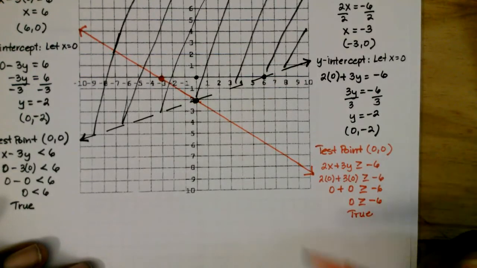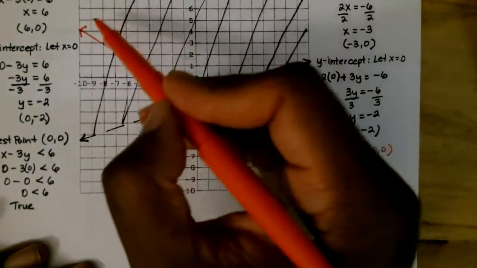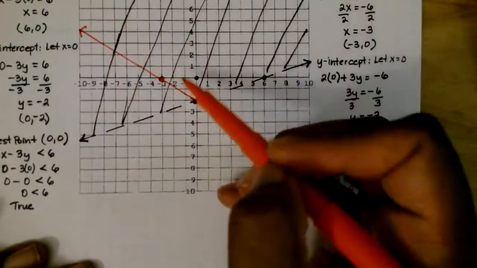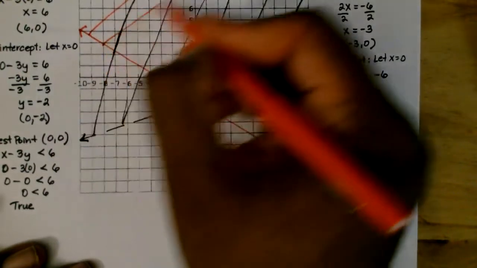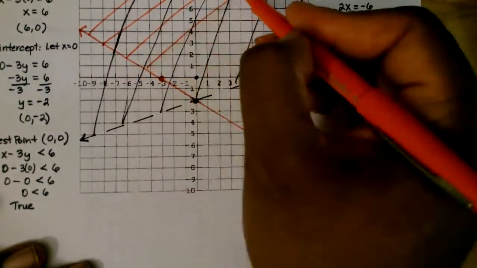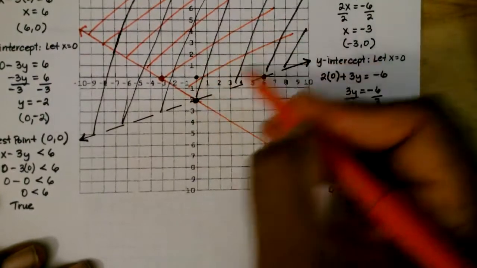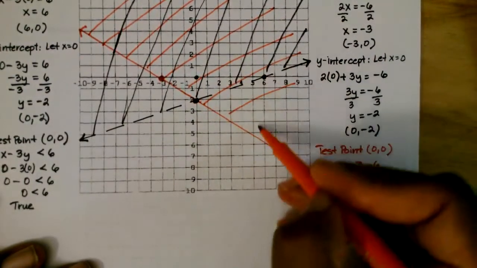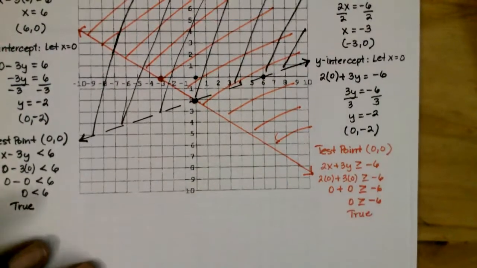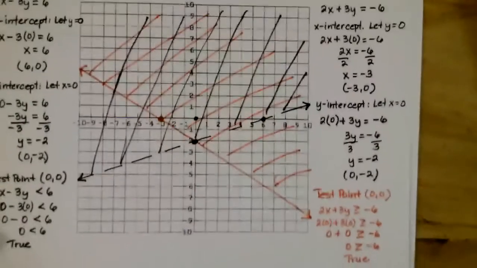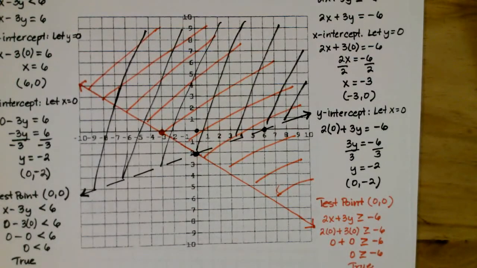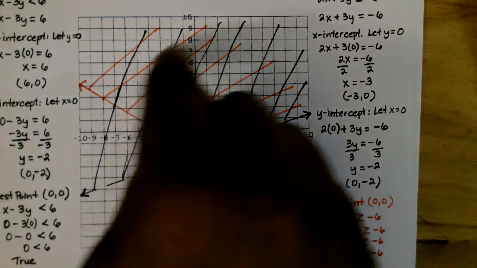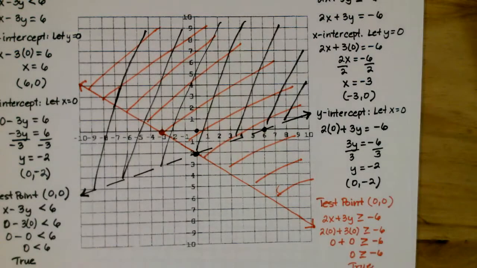Okay. So now, normally I would shade the region that has the test point 0, 0. That's going to be this region above that red line. Now, if you take a look at this graph here, I need to find the region where these red lines and the black lines intersect.